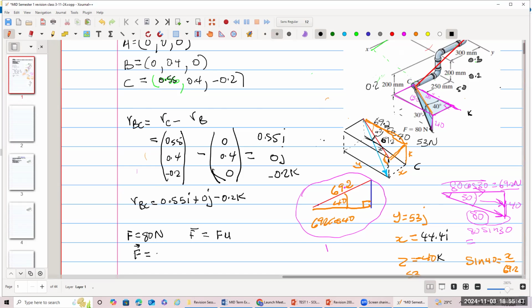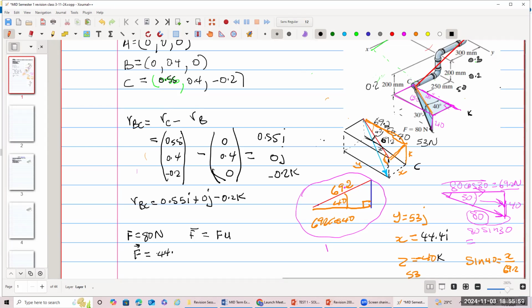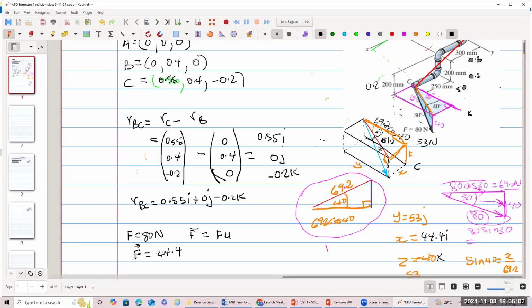We haven't found the unit vector yet, but we don't finish there. So the format we have, what's the value here now? Let's write them in. 44.4 I. So we have basically converted it.